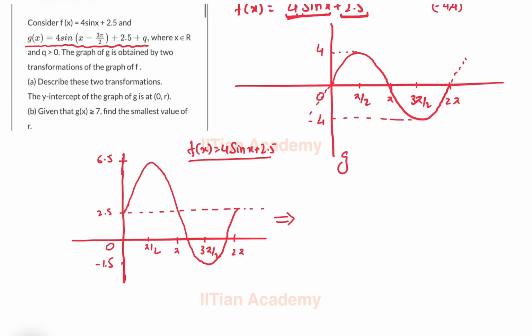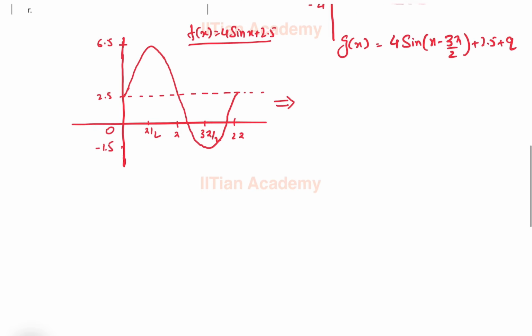Now we have to draw the graph of g(x), which is 4 times sin of (x - 3 pi by 2) + 2.5 + q.